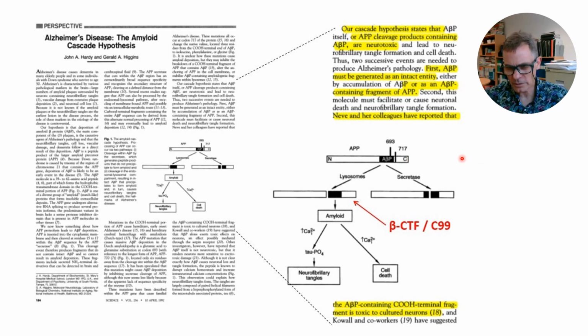It was because some of these mutations at least were near the places where the peptide needs to be cut out of the main protein that the idea came up that these mutations must somehow be promoting the formation of amyloid beta, and therefore amyloid beta is the pathogenic agent.